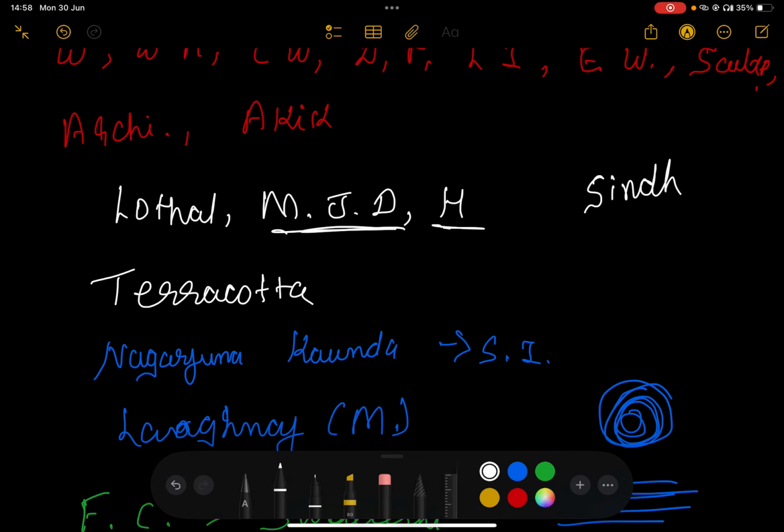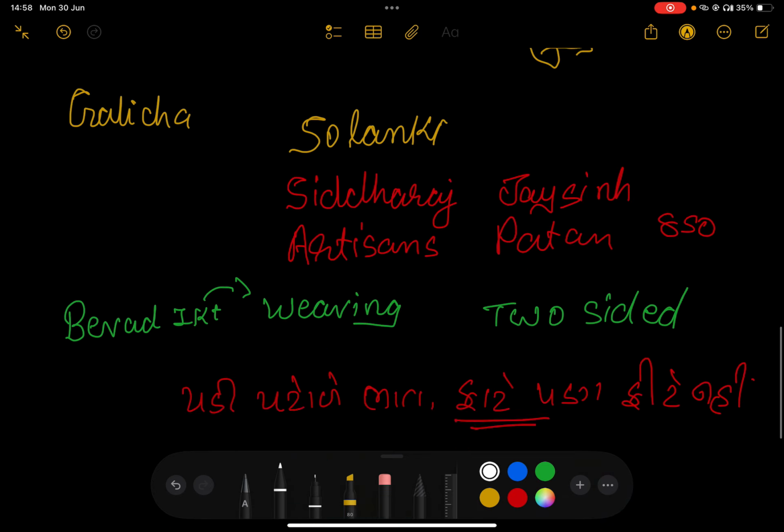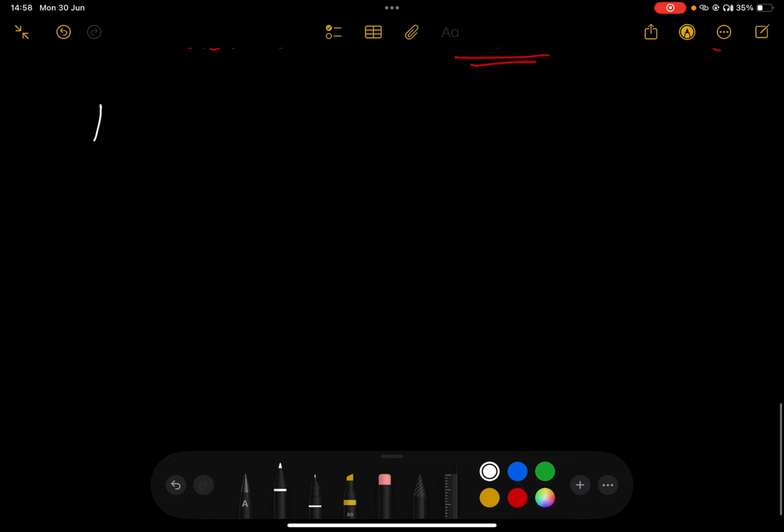The Sindh region is presently in Pakistan. Then in Saurashtra, where we live, and the Kutch region at the time of the Indus Valley civilization. Similarly, Kashmiri Kasab work of Kashmir is also well known. Next is Kashmiri Kasab work.